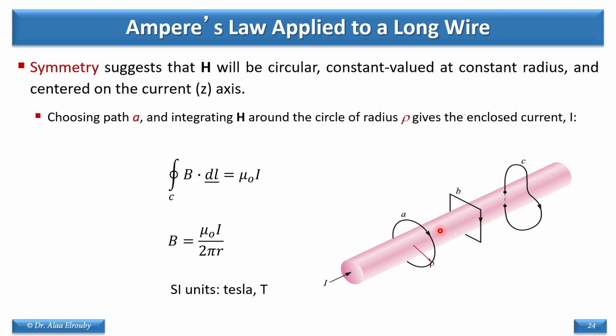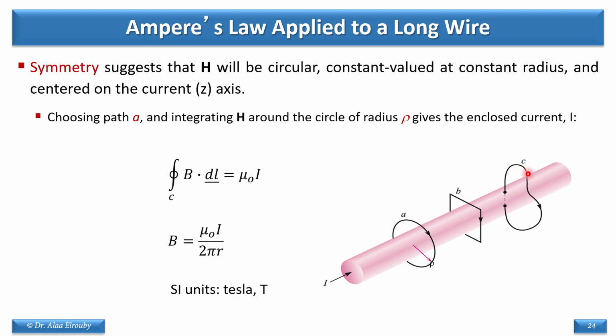To be useful in solving the problem, the contour must be symmetric, where we have a magnetic field that is constant along this contour. If we choose a contour that is not fully enclosing the current, Ampere's law is also valid.